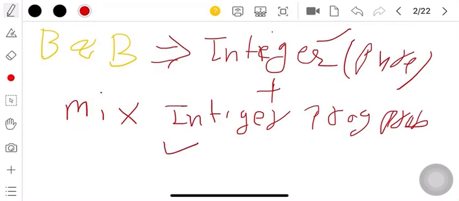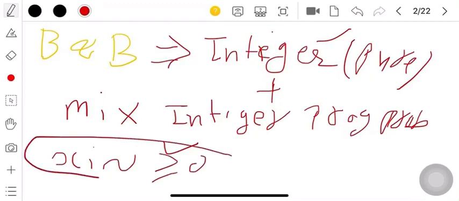So what we do in this branch and bound method, basically we try to find the solution of a given programming problem by using graphical method if the variables are 2. We assume that the variables xi are greater than or equal to 0, meaning real numbers, and try to solve using graphical method.